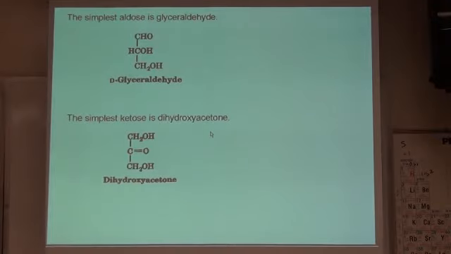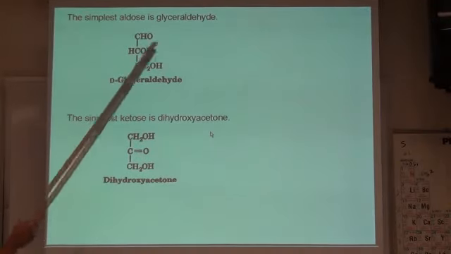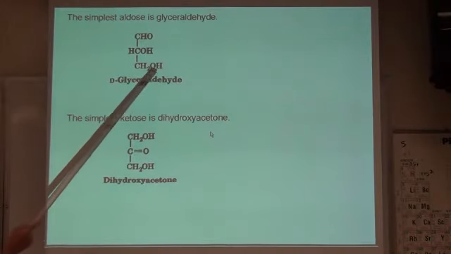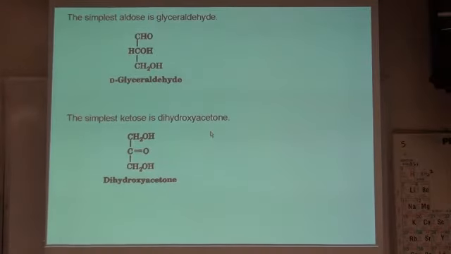Now, the simplest aldose is called glyceraldehyde. Look at the polyhydroxy, many OHs. Each carbon is going to have one OH on it. Whenever you have a monosaccharide, it doesn't matter, each carbon will have an OH group on it.